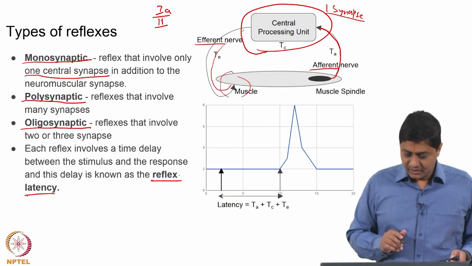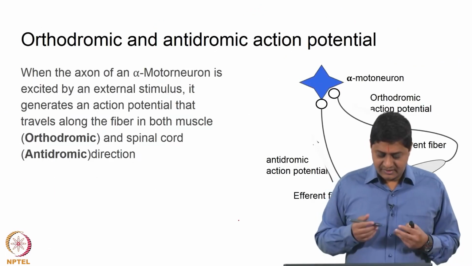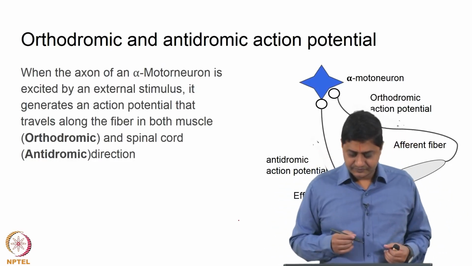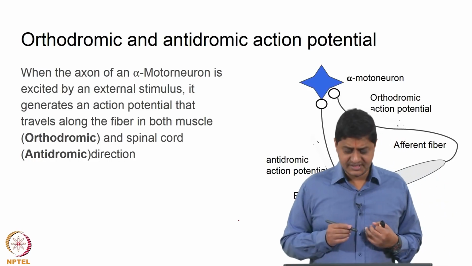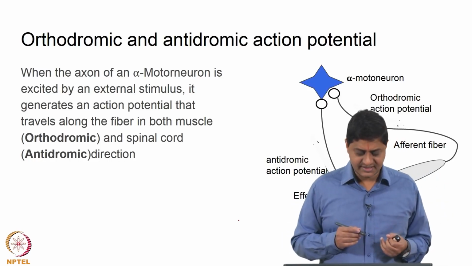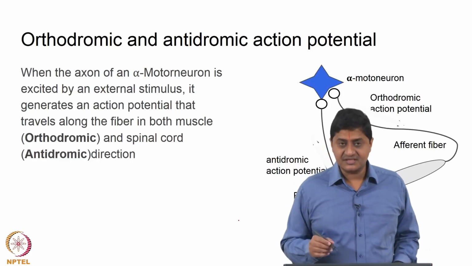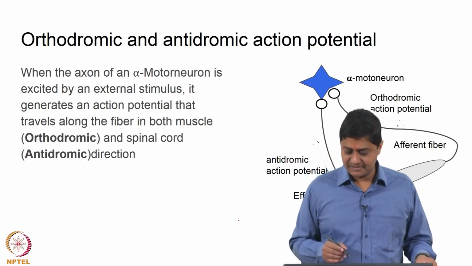There is a particular case of a reflex that we need to discuss. We will just discuss it now. I will introduce some terminology, or just remind ourselves of this terminology.